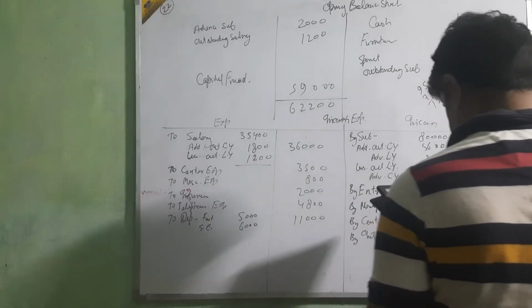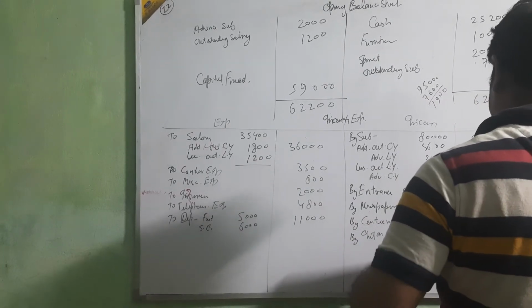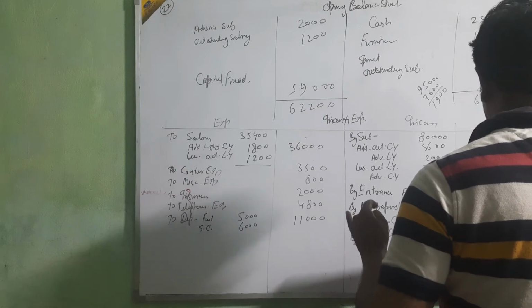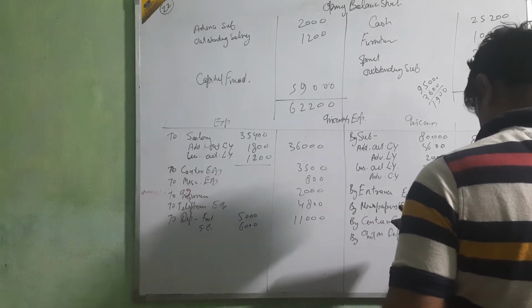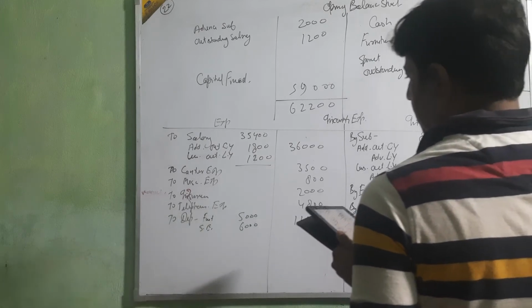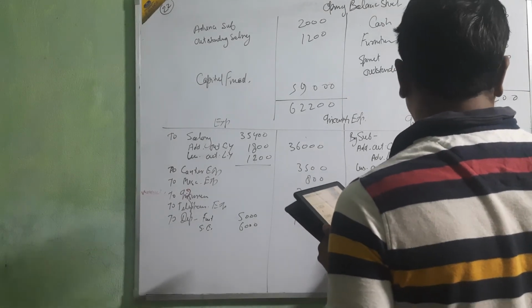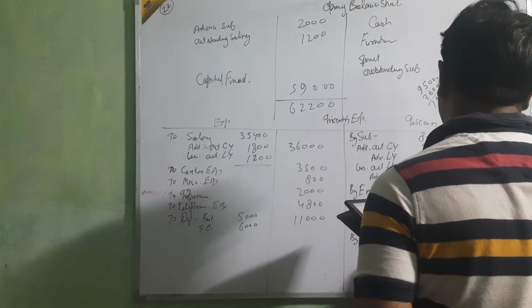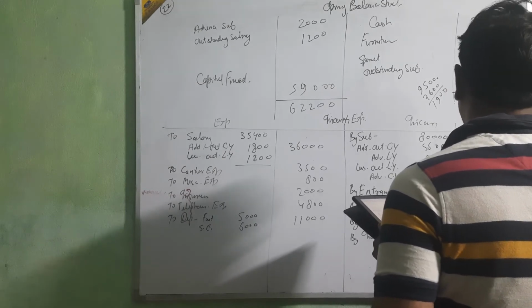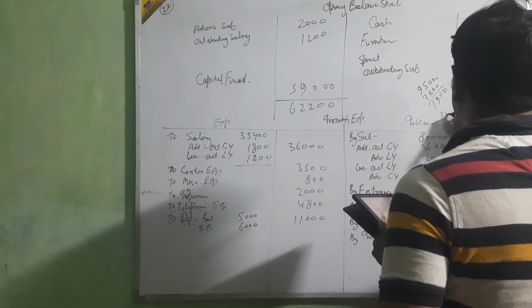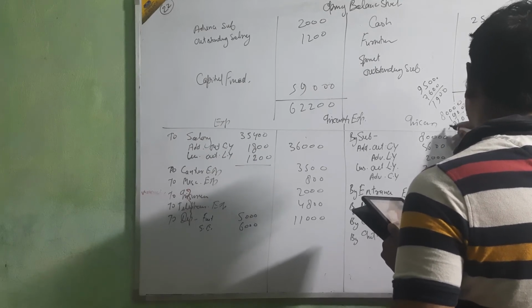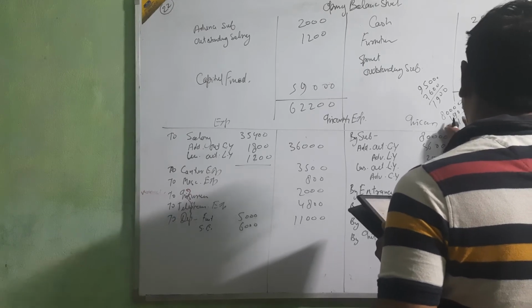This side total is 1200, 1800, 56. Less is more na beta. 80,000 less 1900, 78,100 beta.